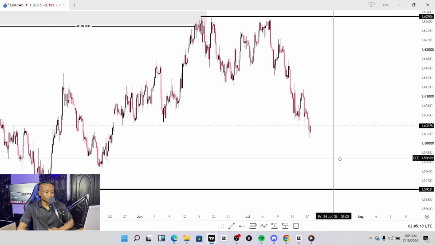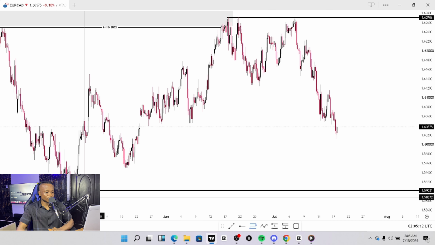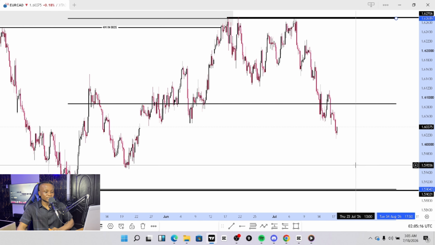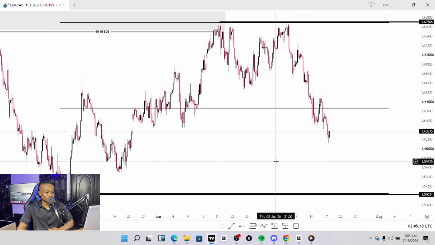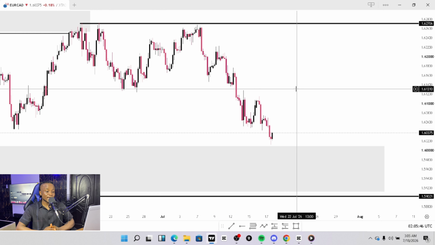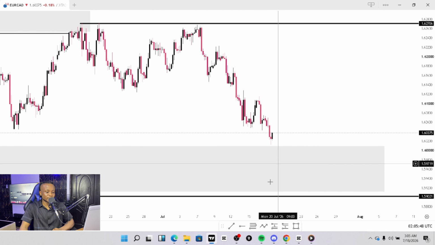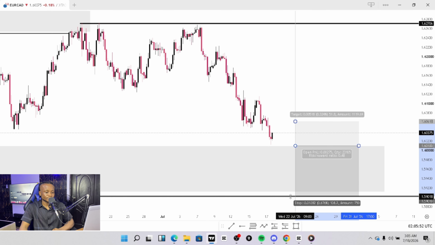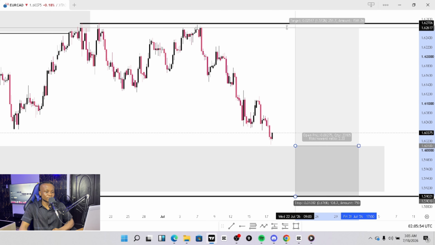So now we plot our fib from point A to point B. You can see that now EURCAD is at our discount where we'll be what? Looking towards buys. So currently this will be our demand zone. So most likely Monday morning we'll be allocating capital on EURCAD somewhere here. And our targets will simply be this high.